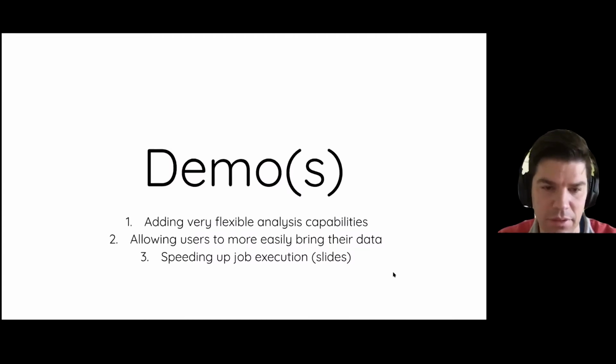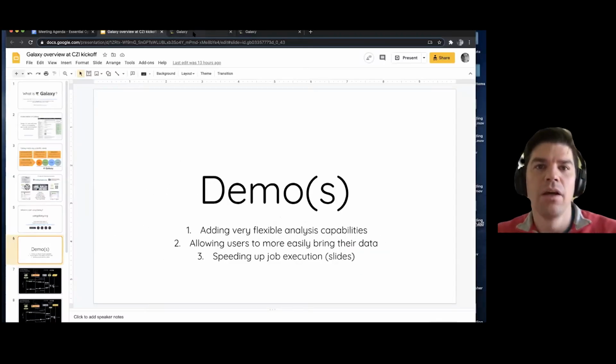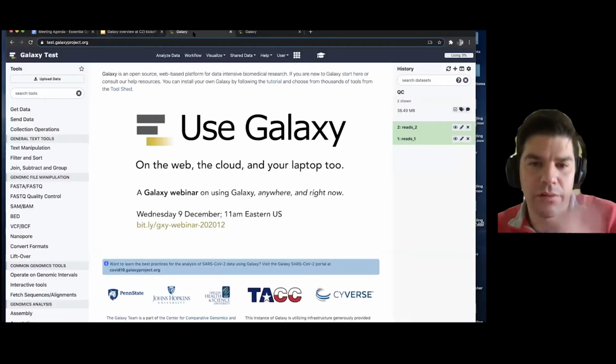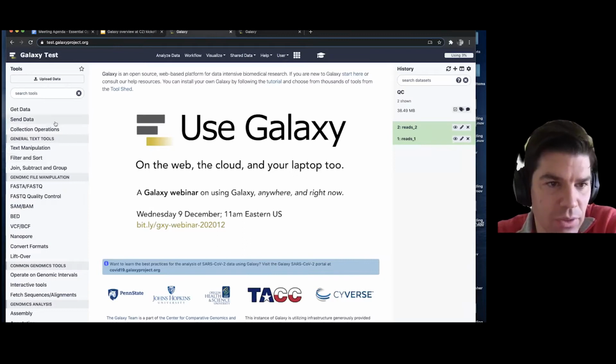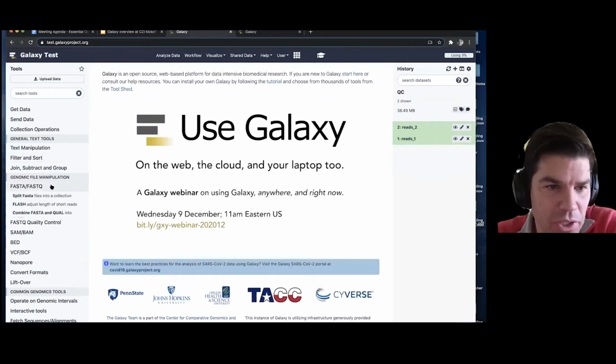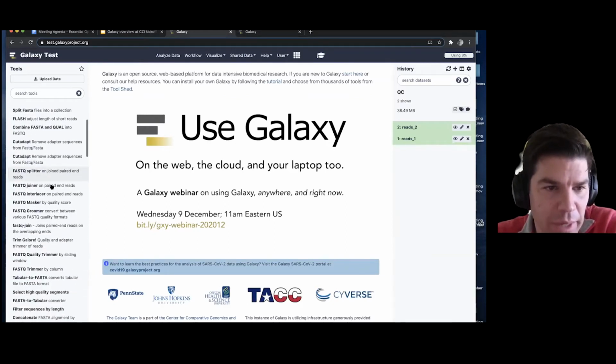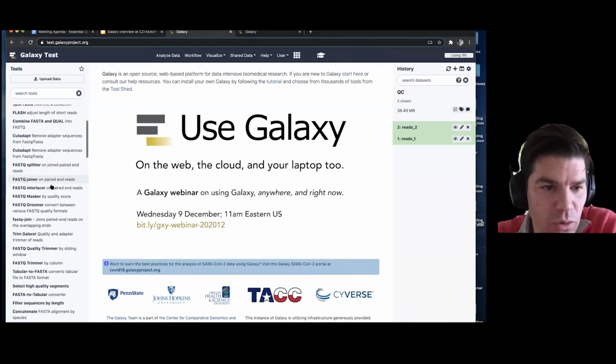Oops, that's the wrong one. So for this, I'm going to show Galaxy for a second in a live format. Again, Galaxy has these three panes. On the left-hand side, you have a large list of tools grouped into categories based on their function. The categories expand and expose the individual tools.